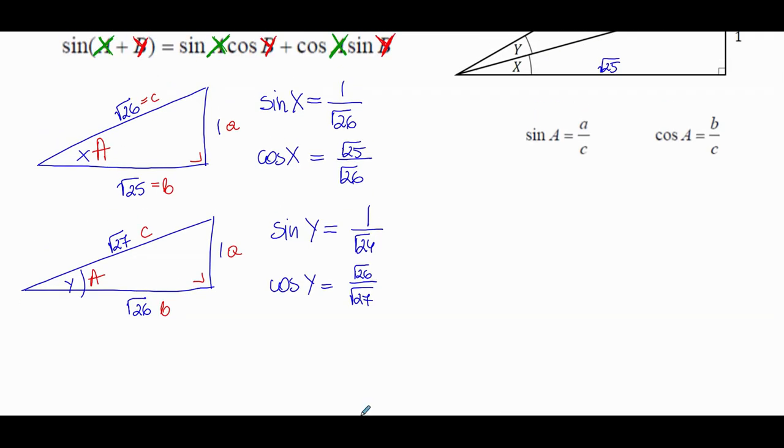That is sin of x, 1 over square root of 26, multiplied by cos of y, square root of 26 over square root of 27, plus cos of x, square root of 25 divided by square root of 26, multiplied by sin of y.